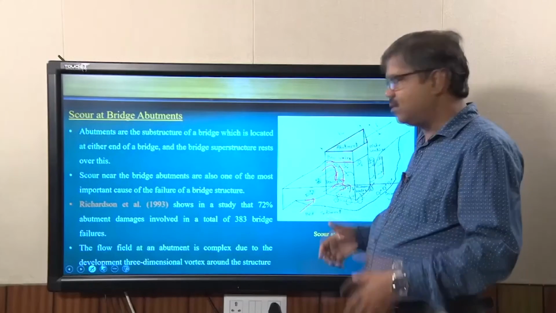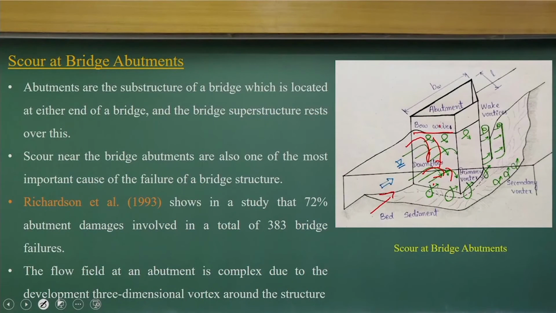As the scour hole formation starts, because of the scour hole, horseshoe vortex formations also happen, which is called the primary vortex. In parallel, the secondary vortex will also form, and just behind the abutment you can have wake vortex formations.